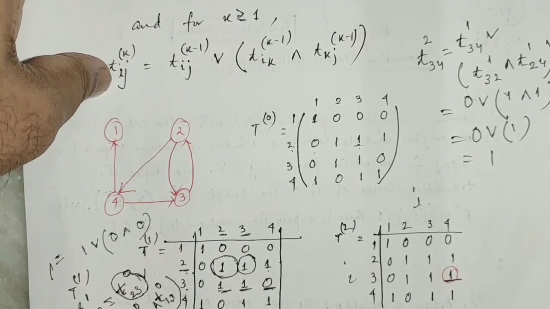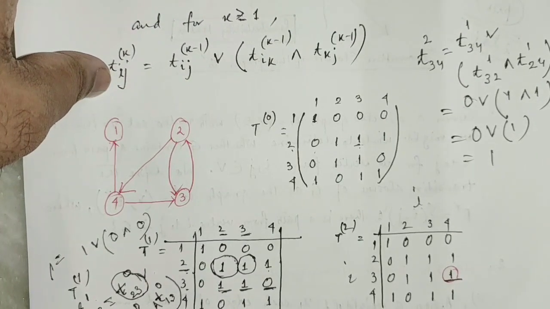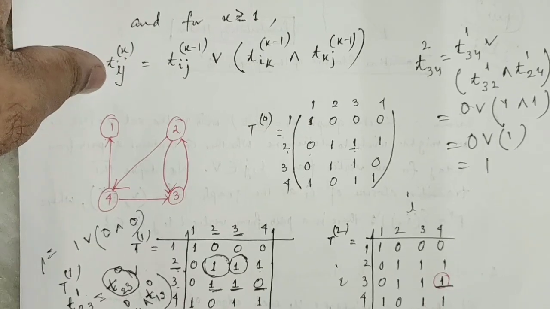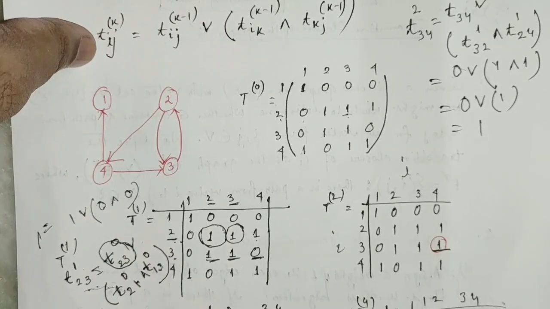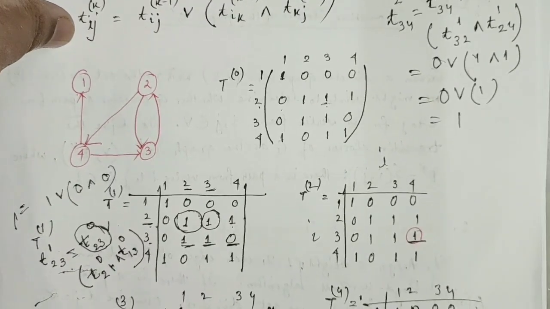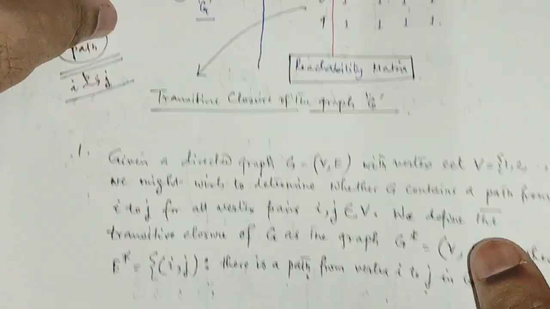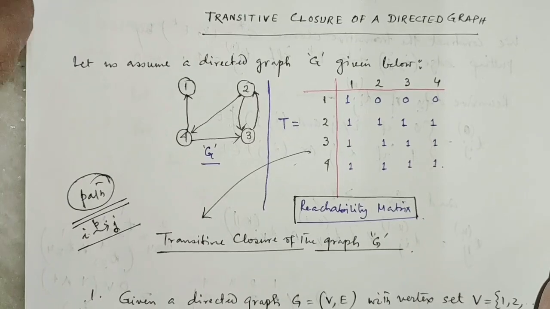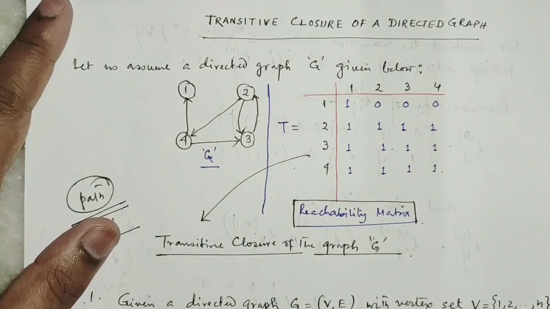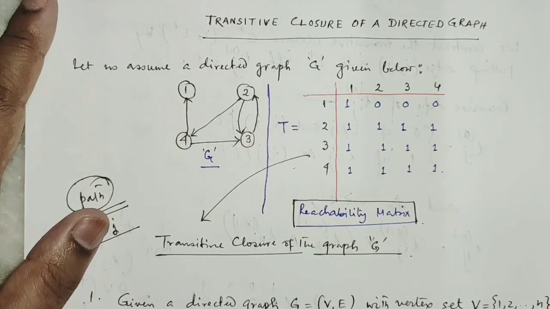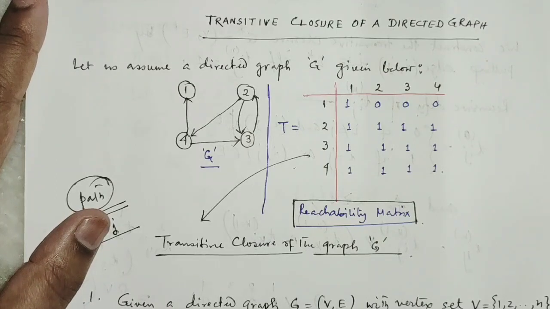I am not disclosing it here, but if you understand the Floyd-Warshall shortcut logic, then you can also find the shortcut for calculating the transitive closure from the algorithm point of view. But if it is an MCQ type, where the graph is given and you are supposed to calculate the transitive closure, definitely my advice is to go to the reachability matrix formation and finally return the transitive closure.